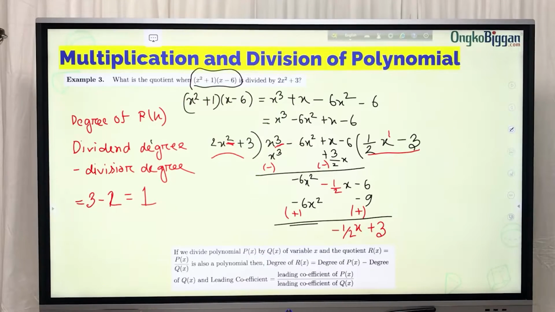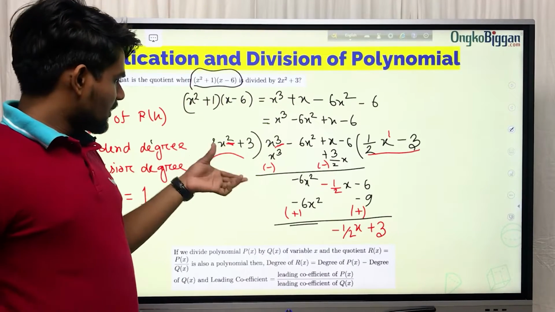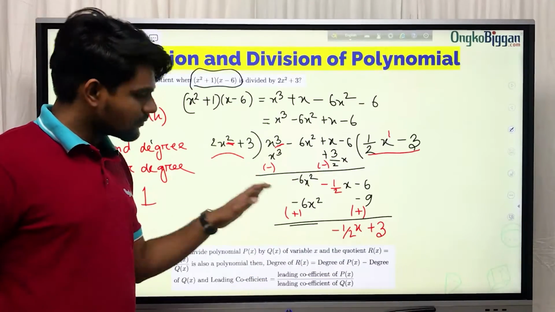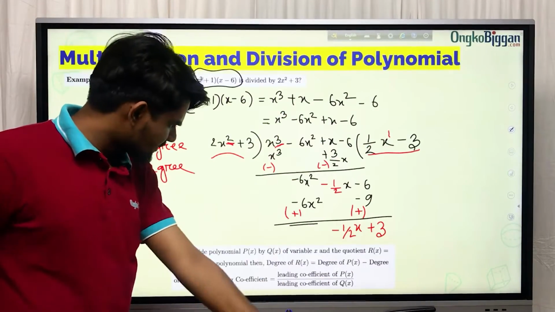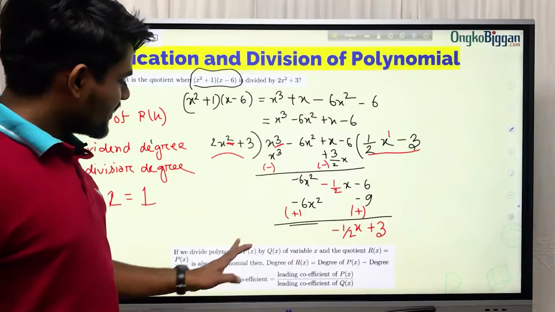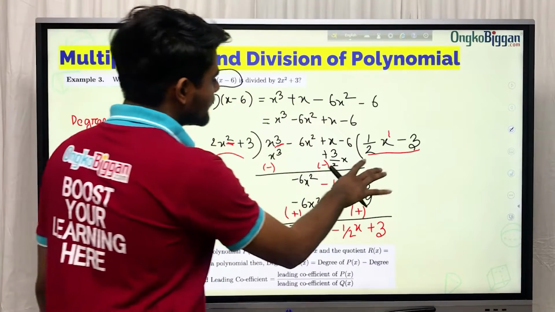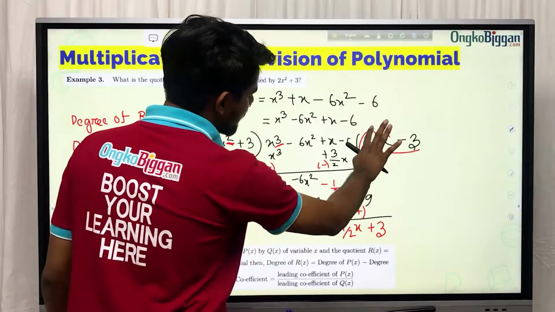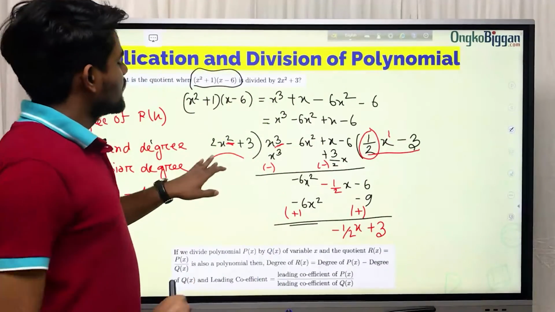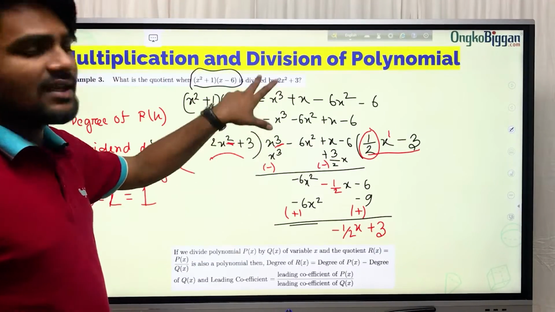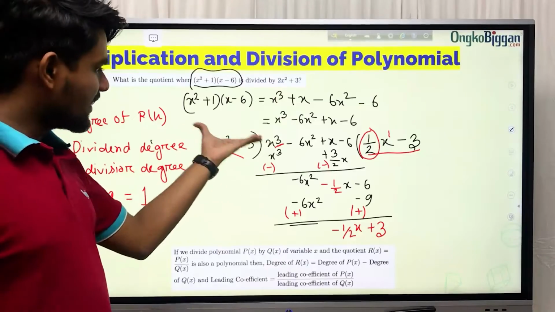Okay, similarly, you see the leading coefficient of the quotient is the leading coefficient of p(x) divided by the leading coefficient of q(x). Here we have half as the leading coefficient of the quotient. We have 2 as the leading coefficient of the divisor, 2x squared, and 1 as the leading coefficient of the dividend.